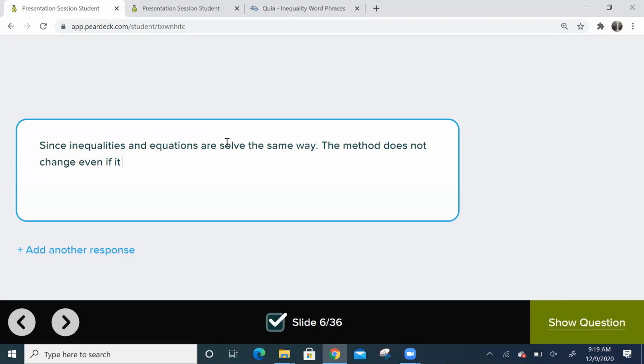If it's written in standard form, you solve it the same way.